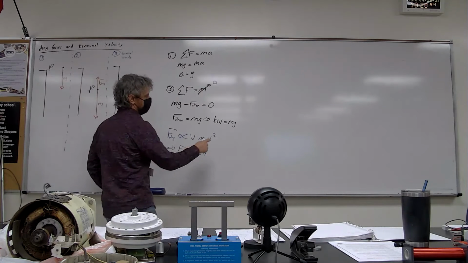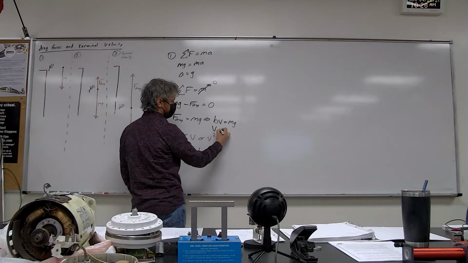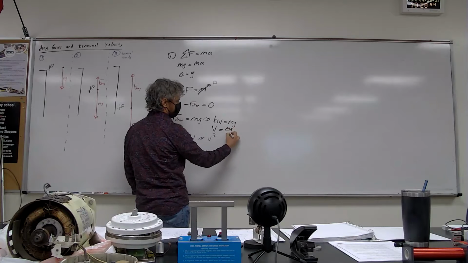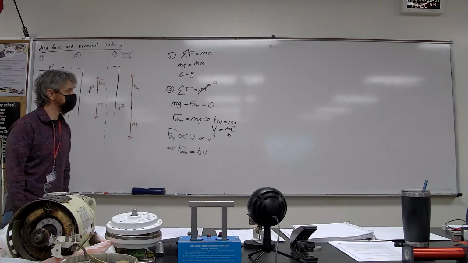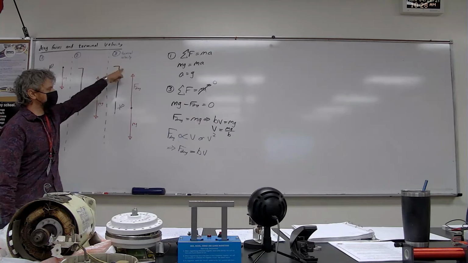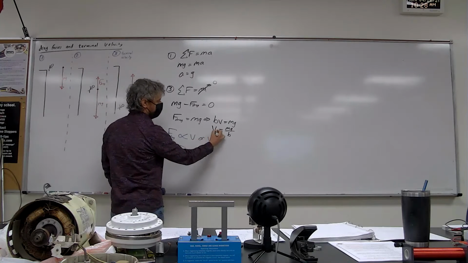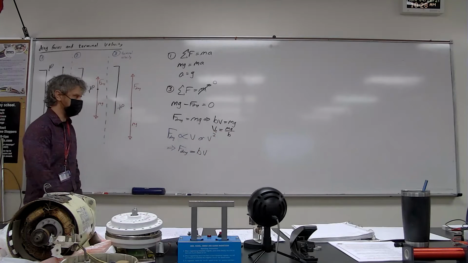Or I can divide both sides by v and say that that speed is equal to mg over that proportionality constant b. And note this is at terminal velocity. So the v here is terminal velocity. Okay, this is an important result.